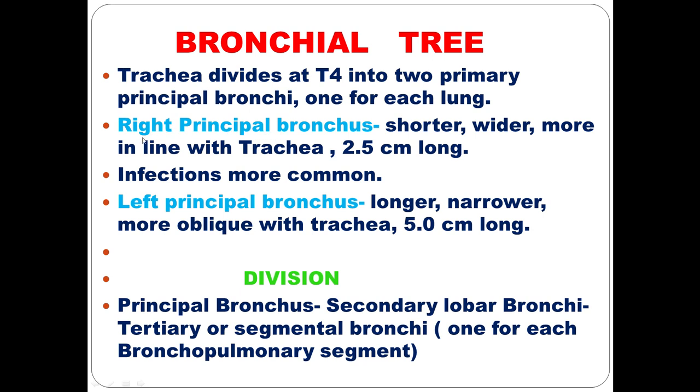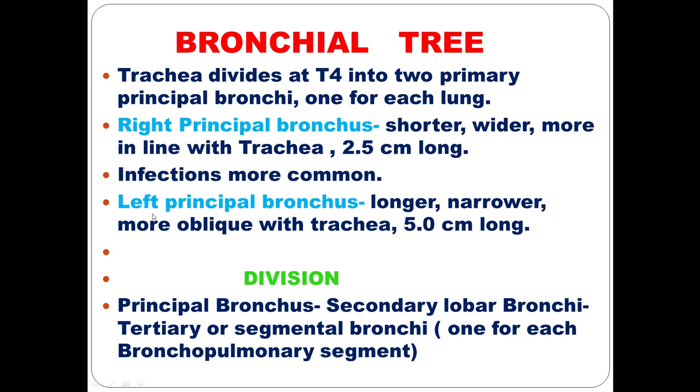The right principal bronchus is shorter, wider, and more in line with the trachea. It is about 2.5 centimeters long. Since it is shorter, wider and more in line with the trachea, infections are more common in the right principal bronchus.